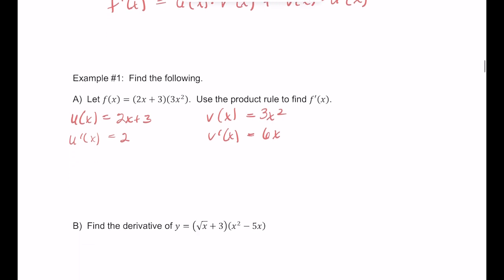So now I'm going to take each of those pieces and just plug them into the formula. So the derivative of f of x is u of x times v prime of x plus v of x times u prime of x.